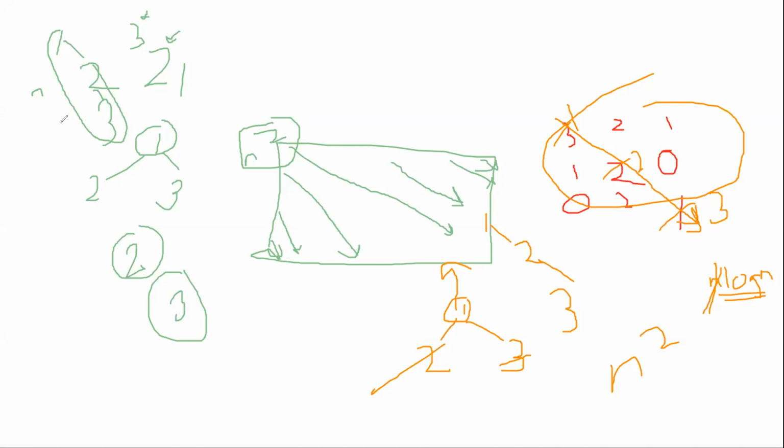So let's take the worst case: 1 log n, 2 log n, 3 log n, 4 log n, and just ignore the log n. It will be 1 plus 2 plus 3 plus 4 till n, and the summation of 1 till n is n into n plus 1 by 2, which is n square. Okay, I got it. So because of the log element, it is taking up, yeah.